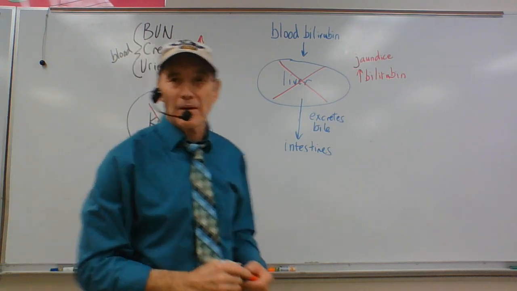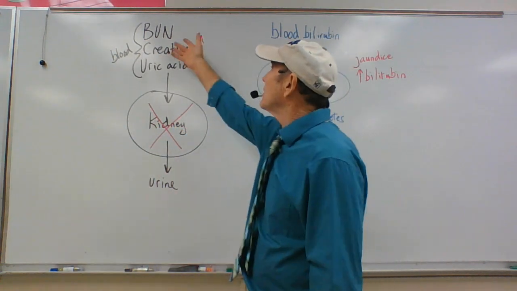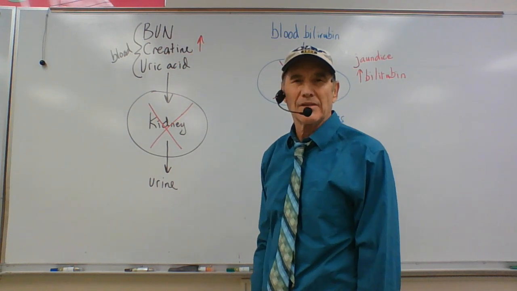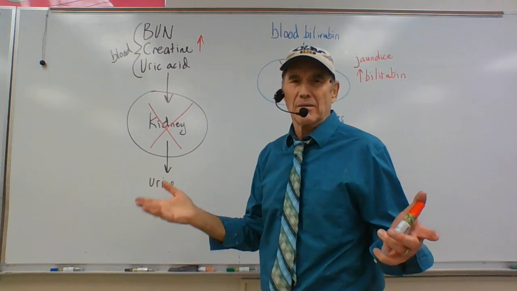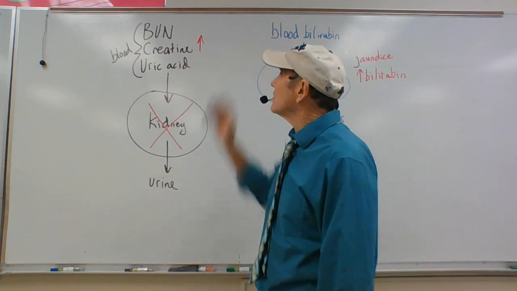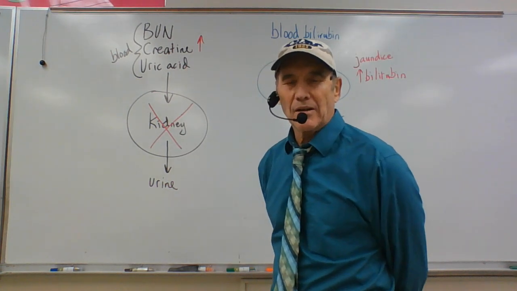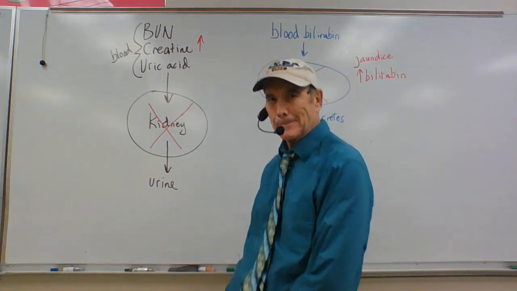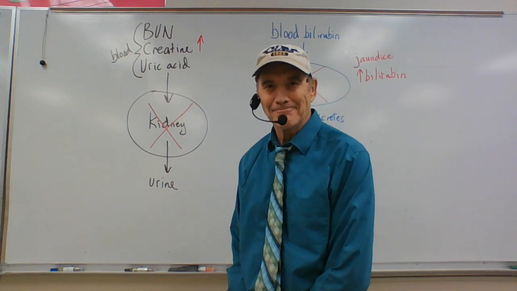And they show up on a chem panel. Take a chem panel and the person's got elevated BUN, elevated creatinine, elevated uric acid. Oh, they have a kidney disease. The kidney's not excreting those things like it should be. Get it?